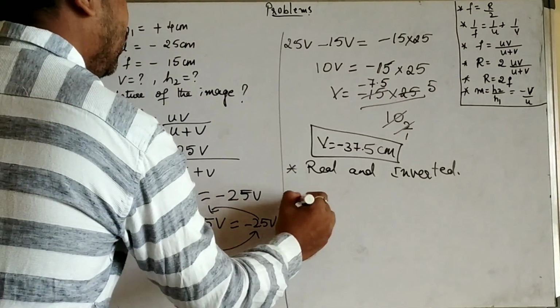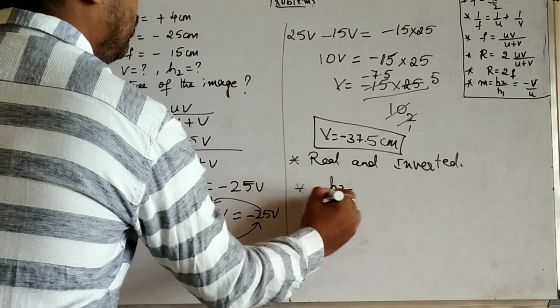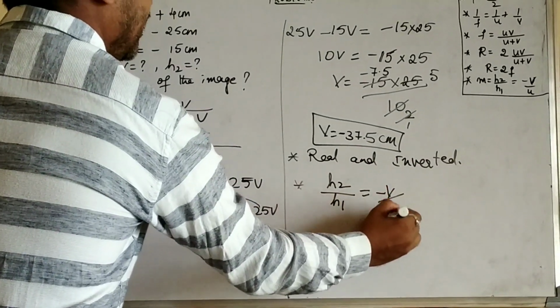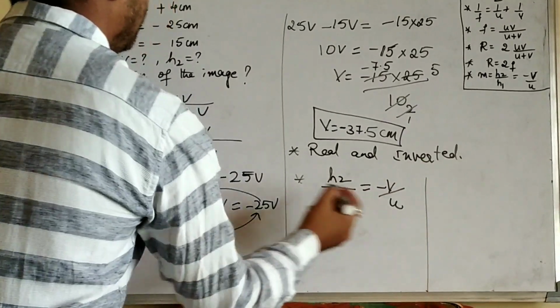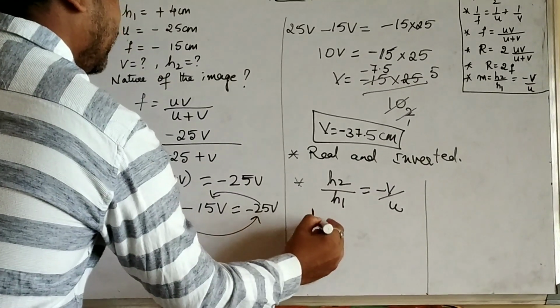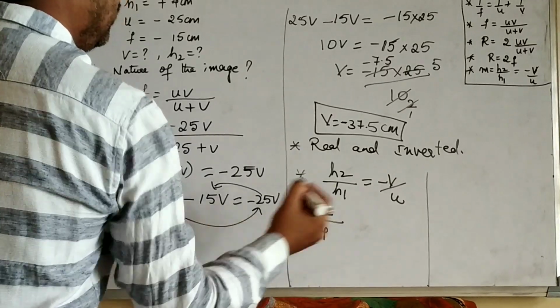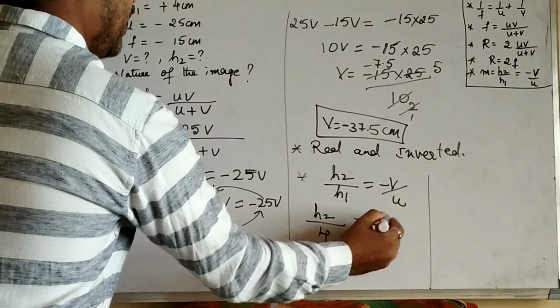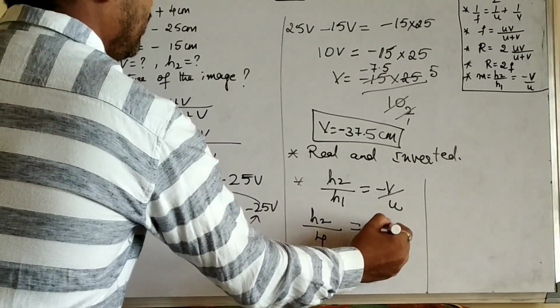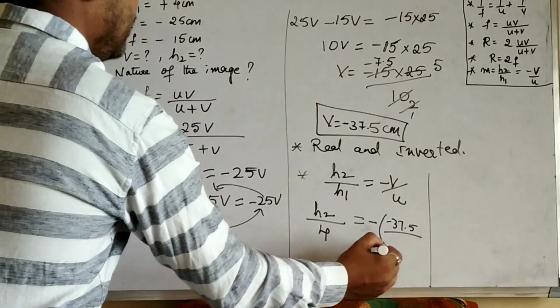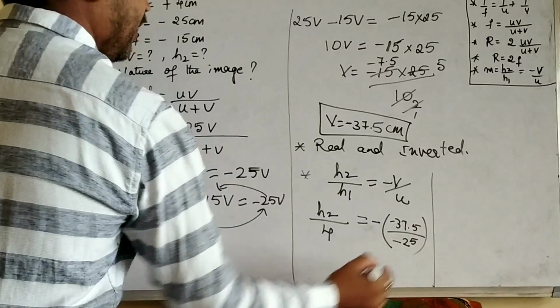So therefore we can use h2 by h1 is equal to minus v by u. Now you have h1 being given, you have to find h2. h1 is 4, is equal to minus of within the bracket minus 37.5 divided by u, which is minus 25.